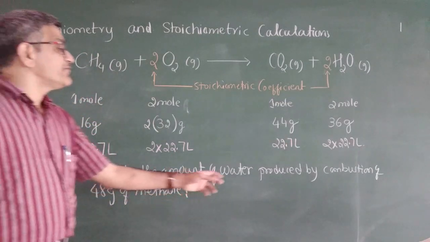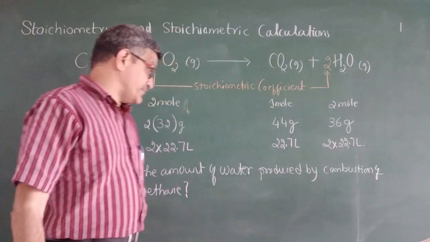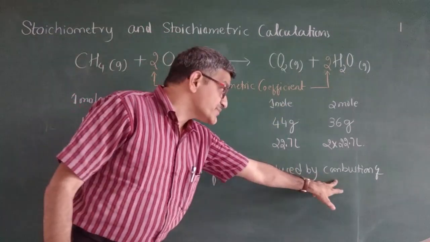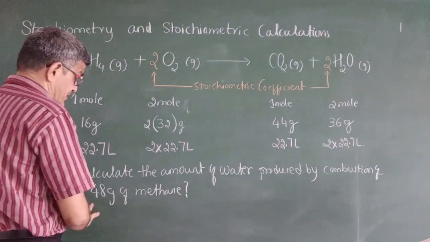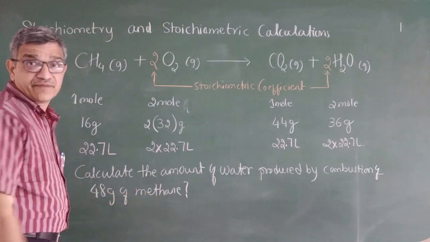Water here means steam only; water molecule is H2O. Calculate the amount of water, in terms of steam, produced by combustion, that is burning with oxygen or air, of 48 gram of methane.